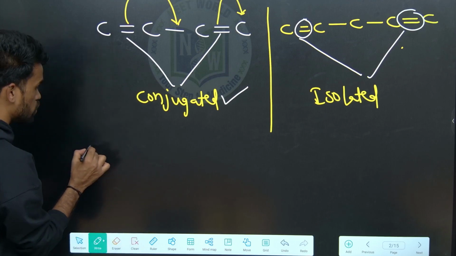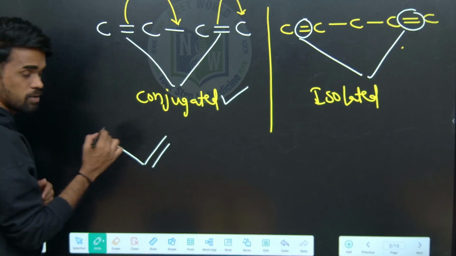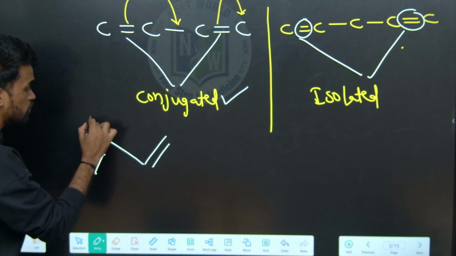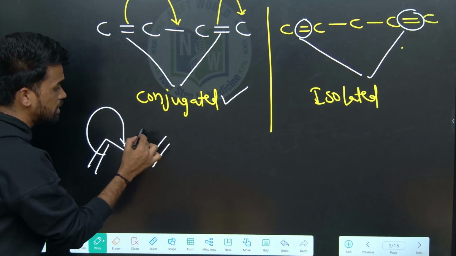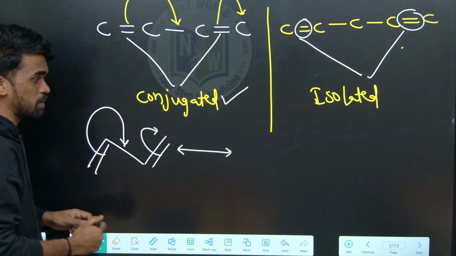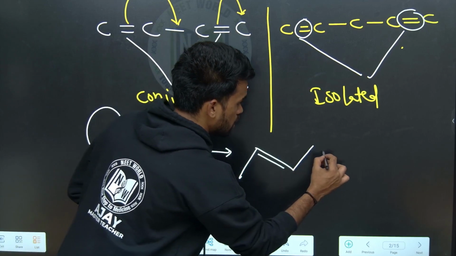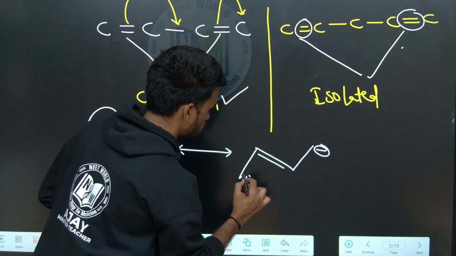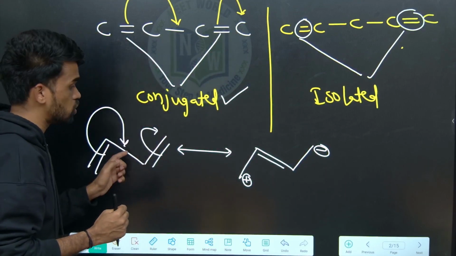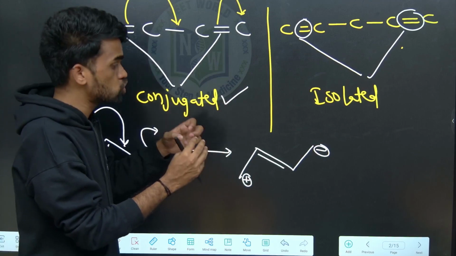In this conjugated system the delocalization of pi electrons takes place. Therefore the electron cloud moves and creates an electronic distribution like this. The movement of charged electrons is taking place like this. This phenomenon is known as the mesomeric effect.